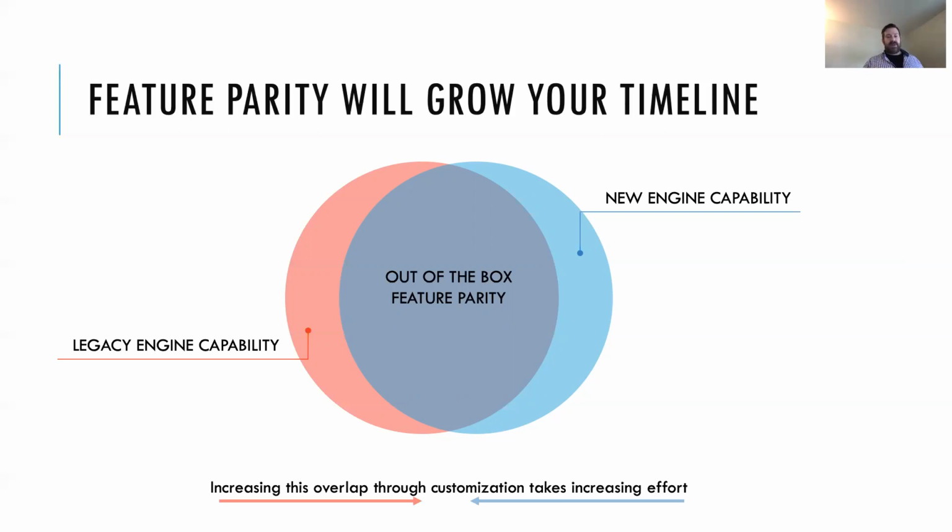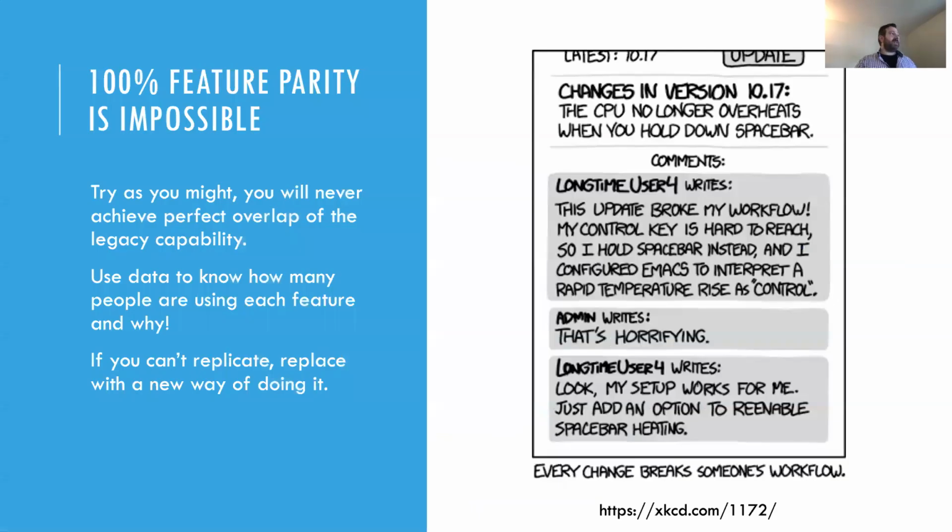This can be a real killer. And I'd also go as far as to say that 100% feature parity is impossible. You will never get those two circles to line up perfectly. It's a real challenge.